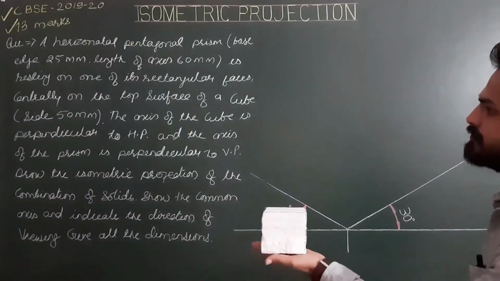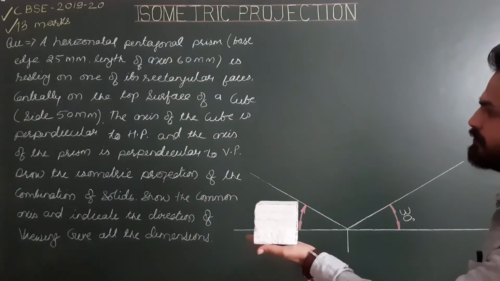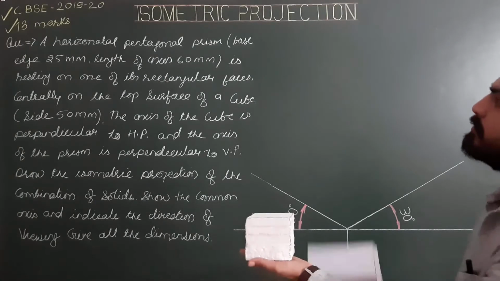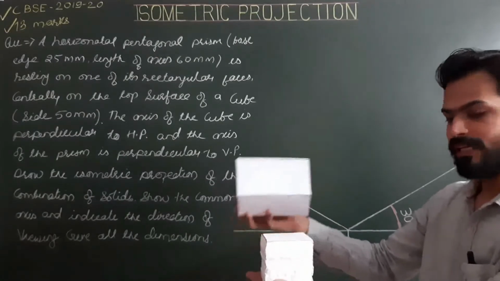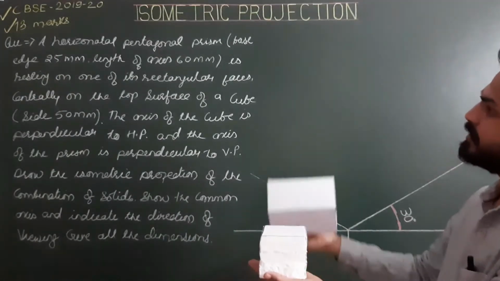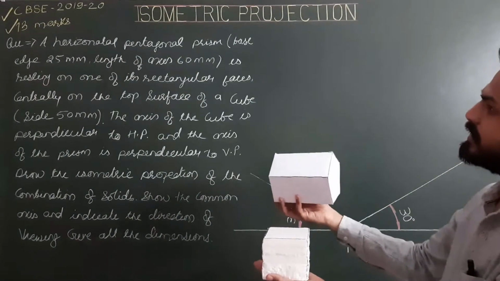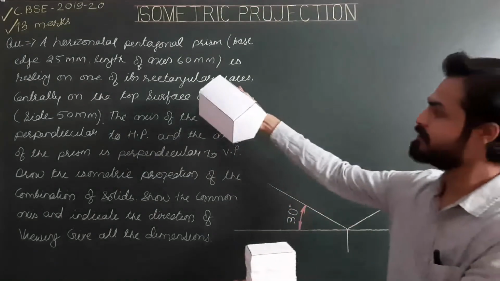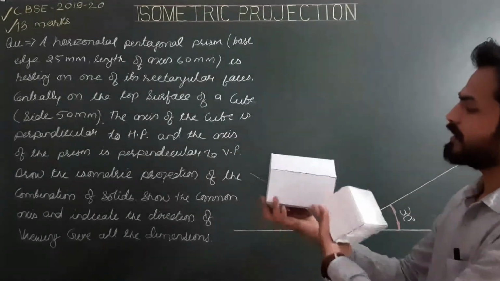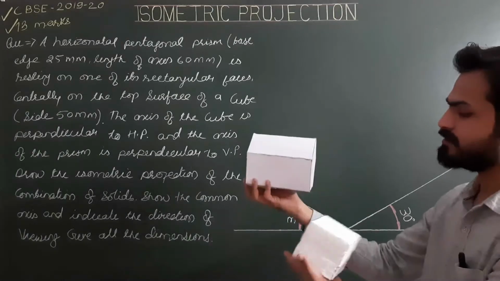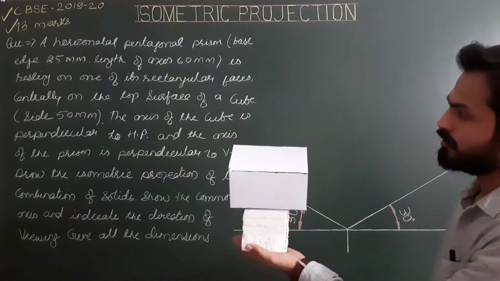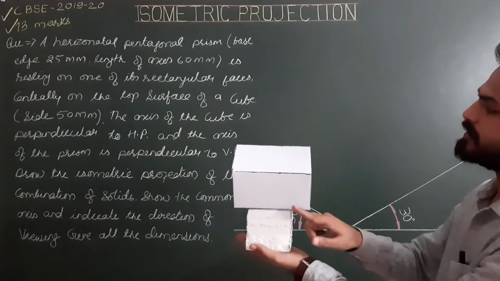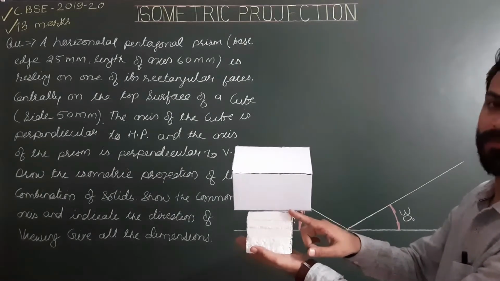And the second solid, the pentagonal prism, is horizontal. Horizontal means the axis of the prism is parallel to HP. Base 25, length 60, resting on one of its rectangular faces. So the rectangular face of the pentagonal prism is resting centrally on the top surface of the cube.